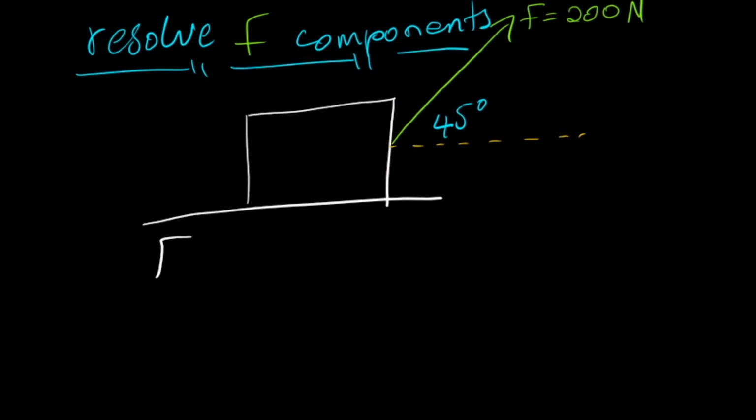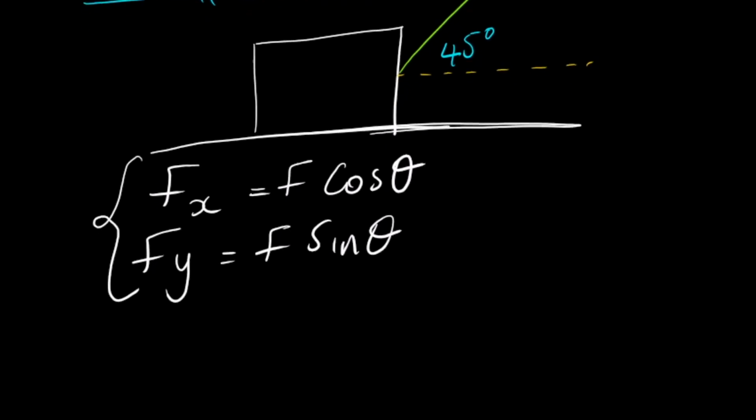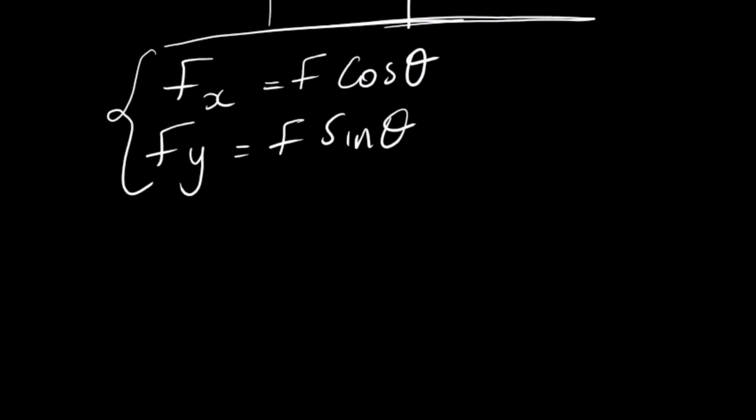The equation to calculate the horizontal component is F cos theta. Then for the vertical component, it's F sin theta. Now these equations are only applicable on a flat surface. Now let us calculate.